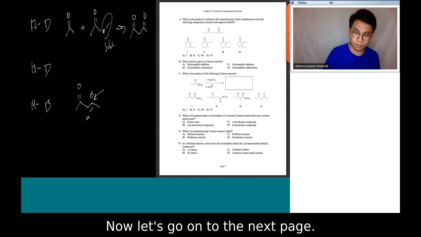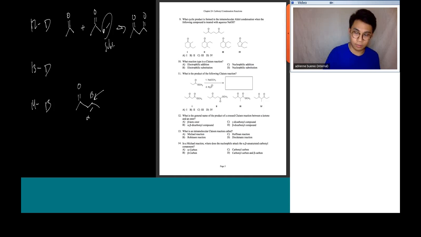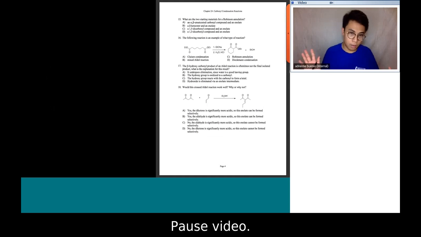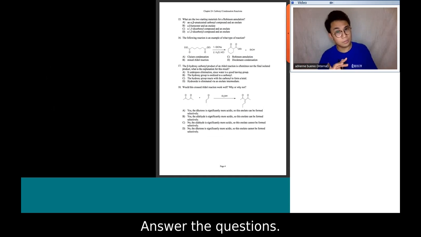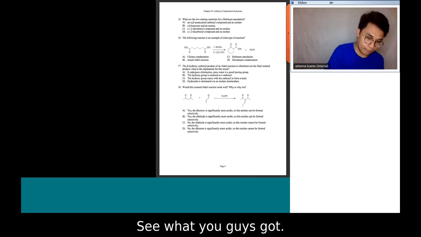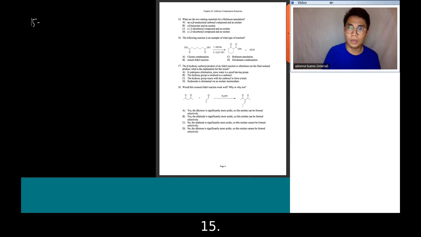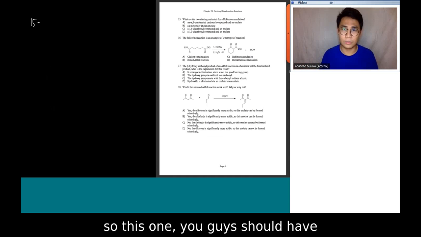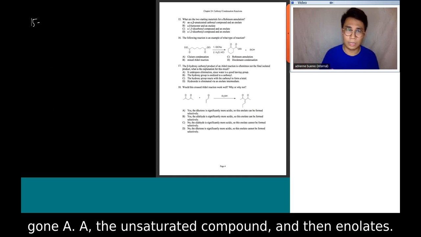Okay, now let's go on to the next page. Pause the video, do your thing, answer the question, see what you got. 15. What are the starting materials for Robinson annulation? This one, you should have gone alpha beta unsaturated compound, and then enolate.